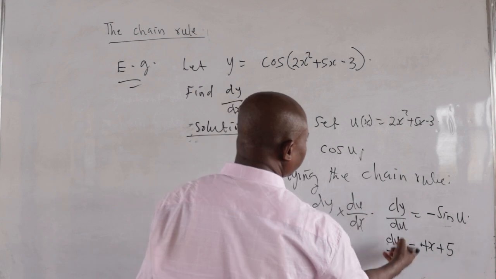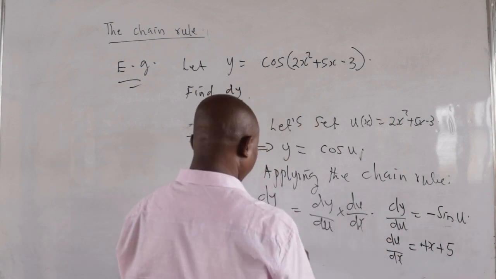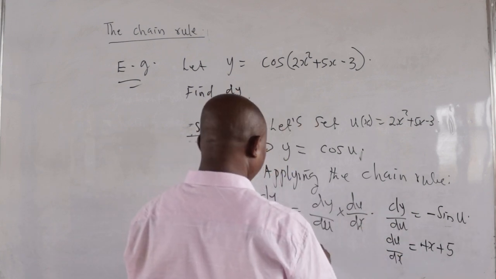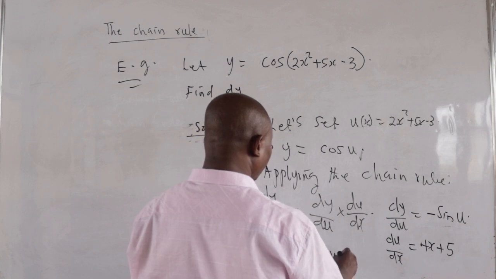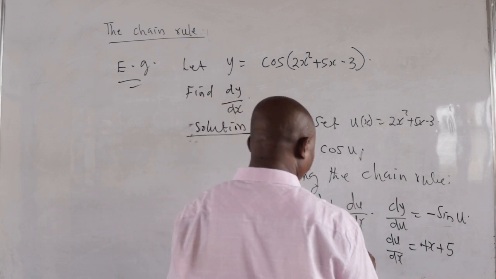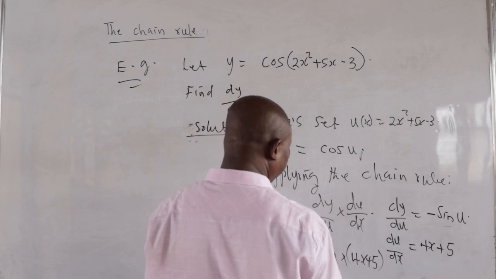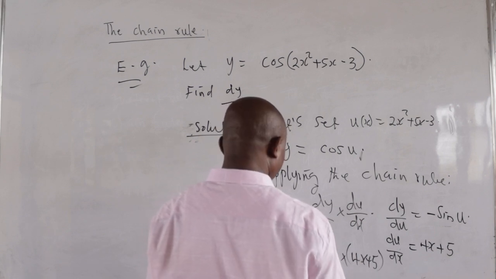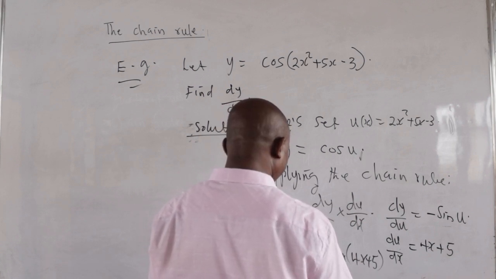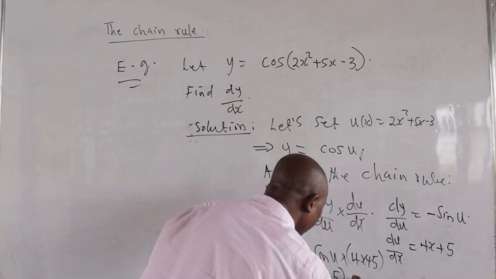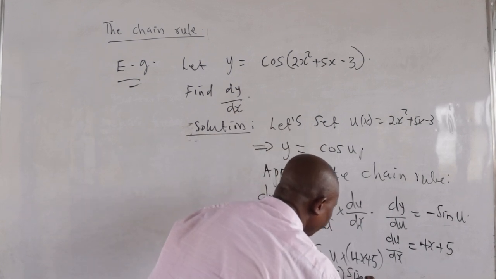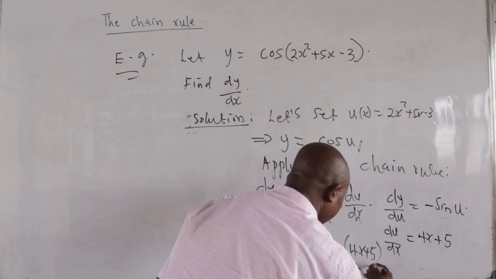Now substituting these two here, you get that this is nothing but negative sine u multiplied by 4x plus 5, which we can rewrite as negative 4x plus 5 multiplied by sine of u. I know who my u is. I put it back.